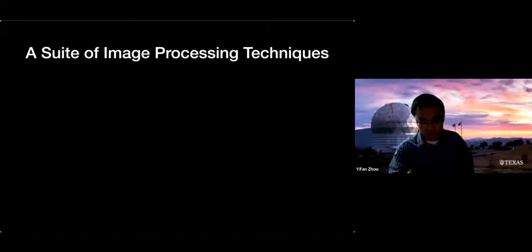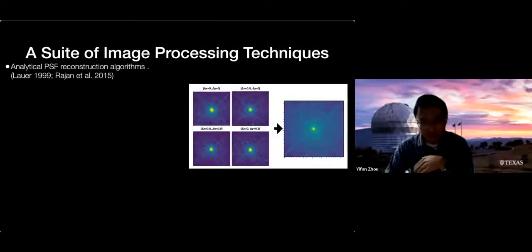In order to map out the PSF of the star very precisely, we also adopted a suite of image processing techniques that were developed in ground-based observation and also for HST as well. The first important algorithm that we included is the analytical PSF reconstruction algorithm.